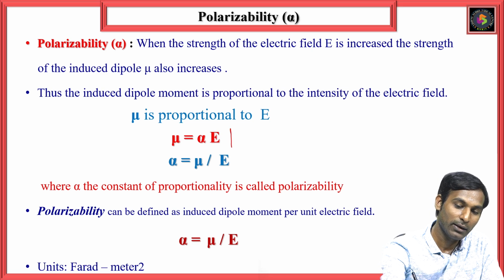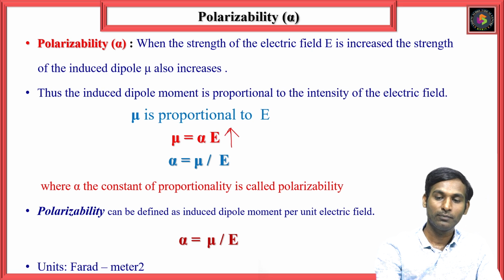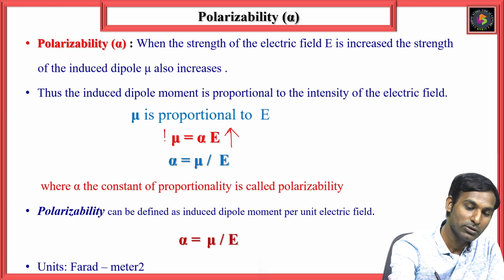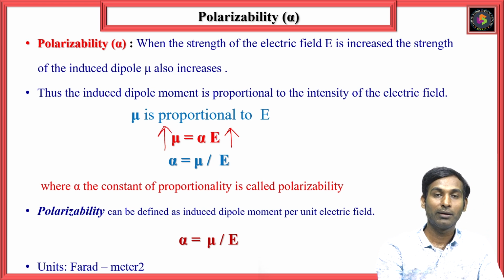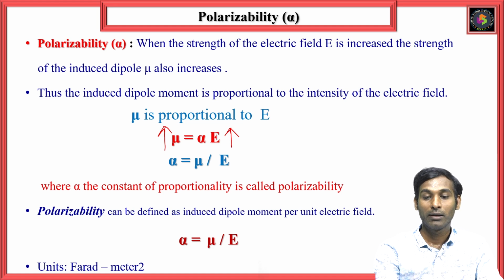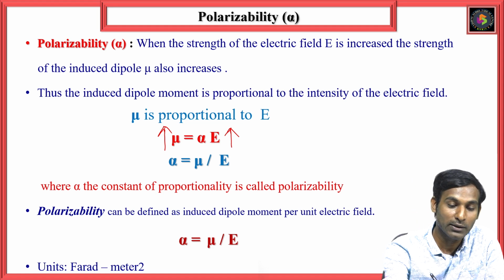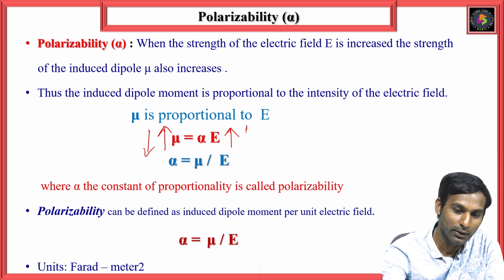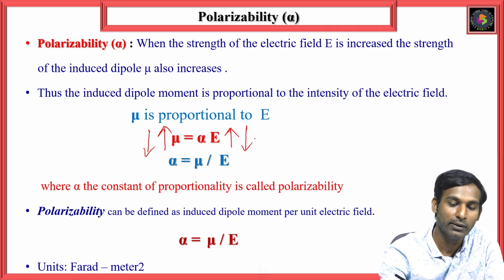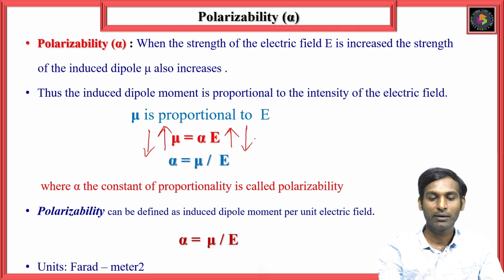When the strength of the electric field E is increased, the strength of the induced dipole moment mu also increases. It is directly proportional to the intensity of the electric field. When the strength of the electric field decreases, the induced dipole moment also decreases.